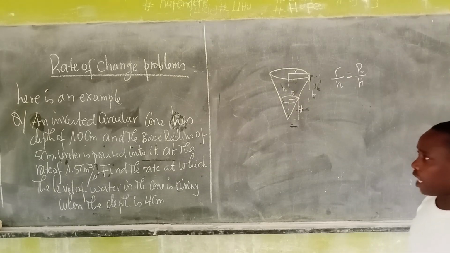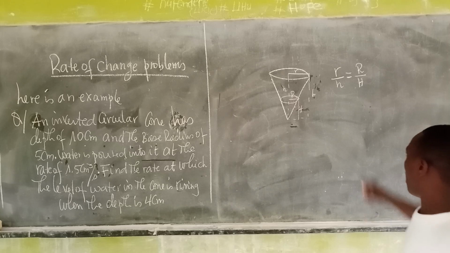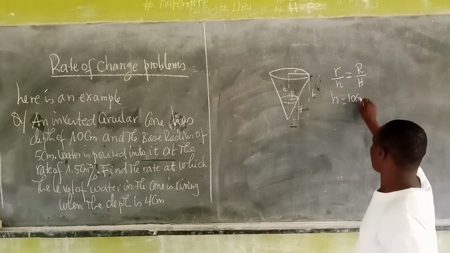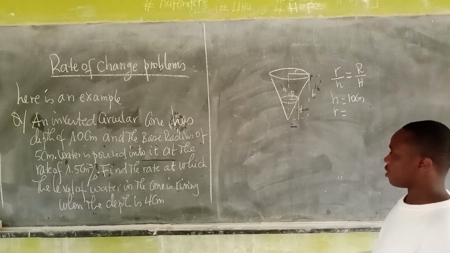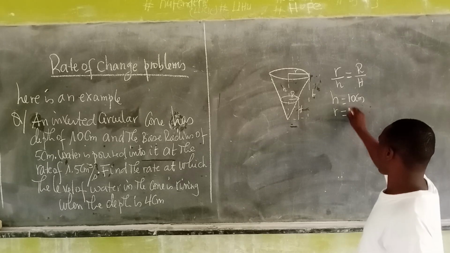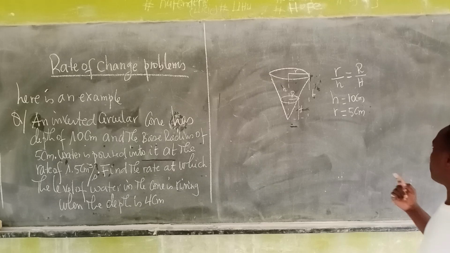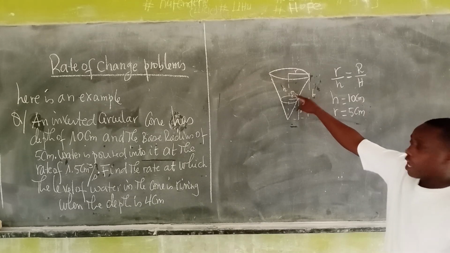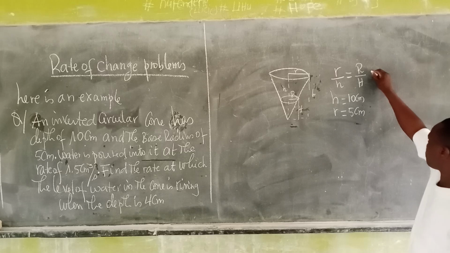So, in our question, we've been told that our height was 10 centimeters, while our radius was 5 centimeters. We need to express this radius in terms of this h. In which way are we going to do this? Let's follow.